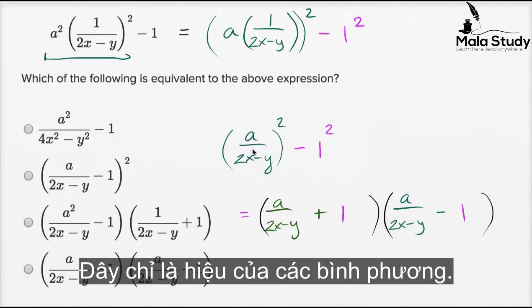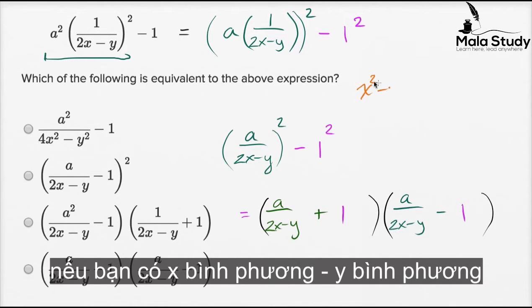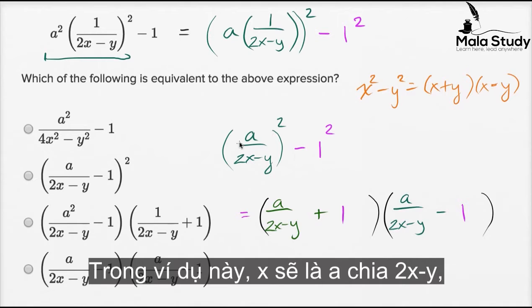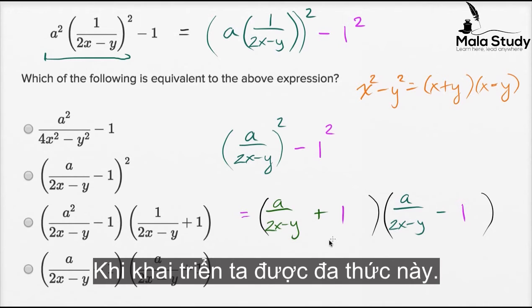And once again, nothing fancy here. This is just the difference of squares. You might remember from your algebra class, if you have x squared minus y squared, that's the same thing as x plus y times x minus y. Just in this example, x is a fairly hairy expression, and y is just the number 1. But it's the exact same thing that's going on here.